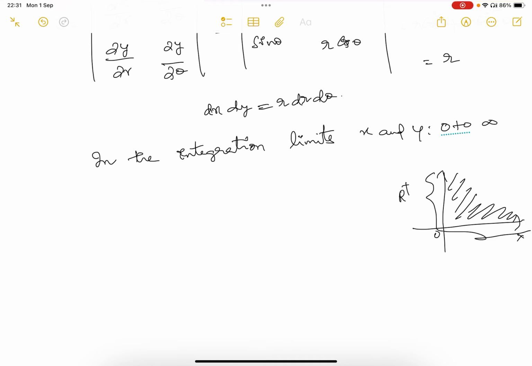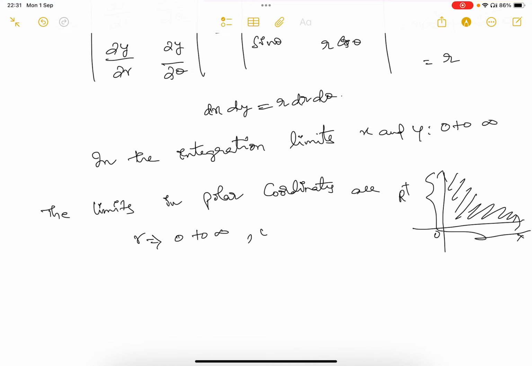So the limits in polar coordinates will be r from 0 to infinity, and theta from 0 to pi by 2. So it covers the first quadrant, right?